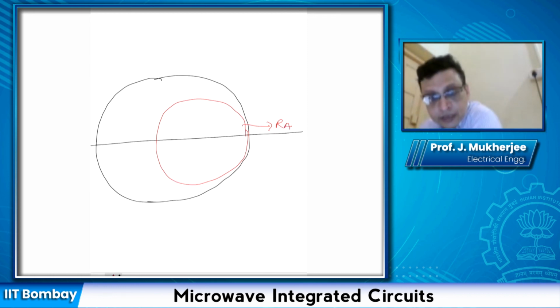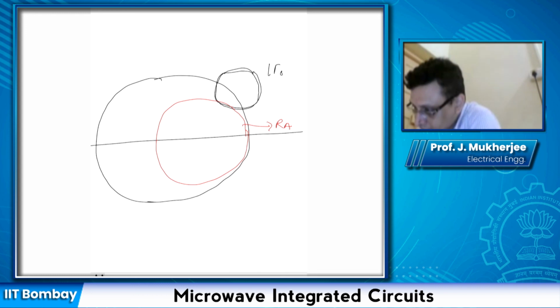Okay. And suppose this is our input stability circle which just touches this circle. So this is gamma s equal to 1.